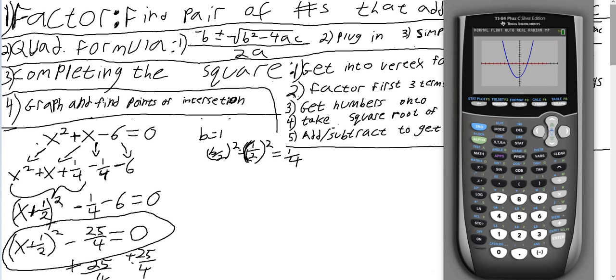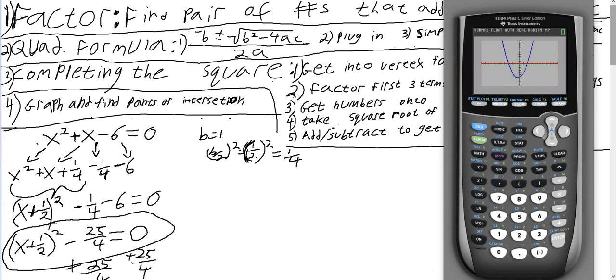Okay, now as we can see, there are 2 points of intersection. There's one on the left side, and there's one on the right side. So we're going to have to do this process twice to find the points of intersection.